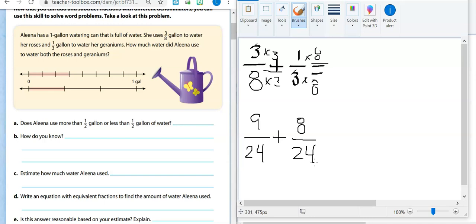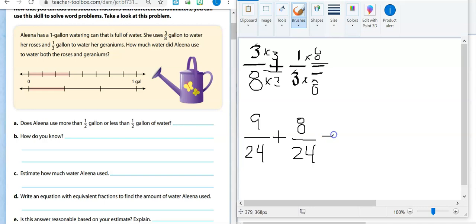So again, as you can see, we had to multiply our fractions by a like fraction to make them equivalent. So the like fraction that I multiplied them by was 3 over 3, which gave me 9 over 24. And the like fraction I multiplied 1/3 by was 8 over 8. That gave me 8 over 24.